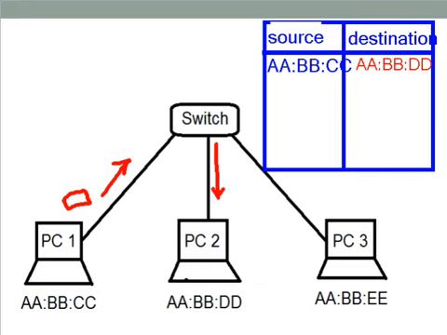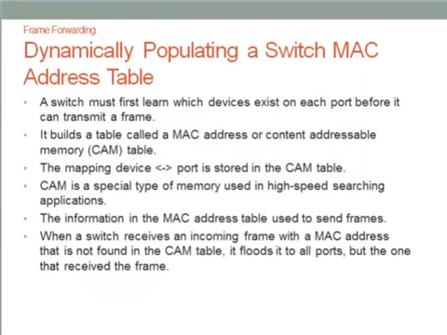When the switch reads the frame header, it will be able to get all this information and send the frame to the destination. So in the previous slide, we have seen a very simplified explanation of how the switch forwards the frame from the source to the destination. Here are some details of how this is done. In general, the switch will need to learn the devices that exist on the ports of the switch, and after that it will build a table known as the MAC address table.